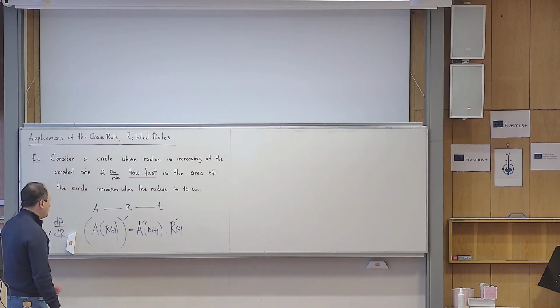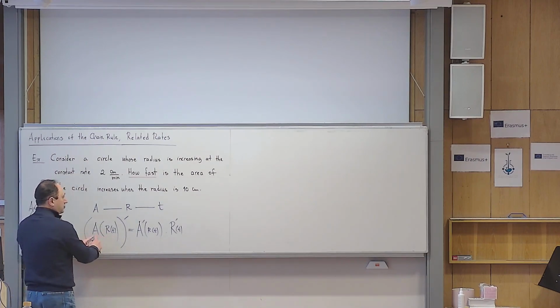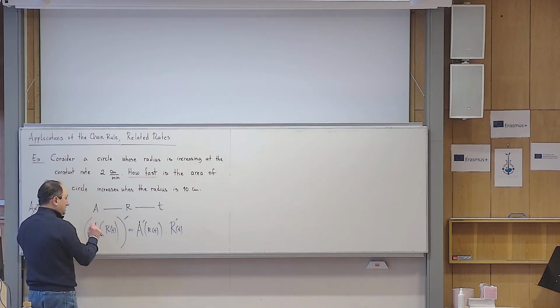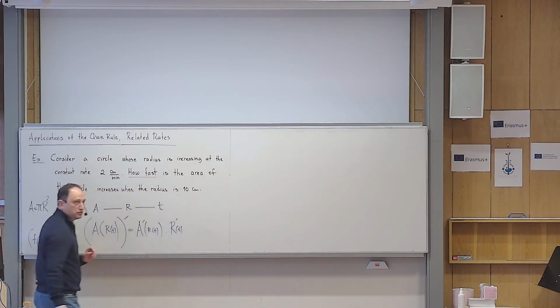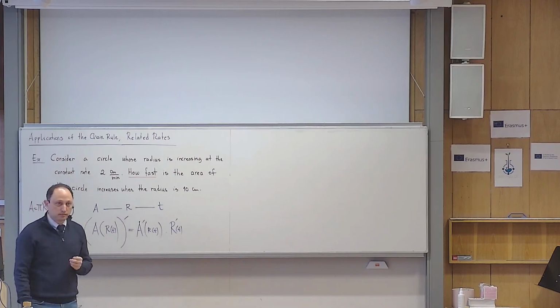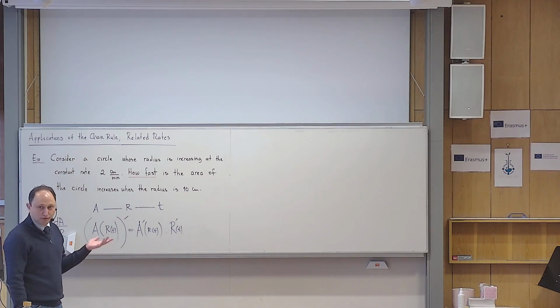So I don't want to answer the rate at which area is changing at all possible times. No, I am interested in the rate at which A is changing when the radius becomes 10 centimeters. But do I know when that is in the problem? No. How should I know that? There is no information there. I don't know what time that is.